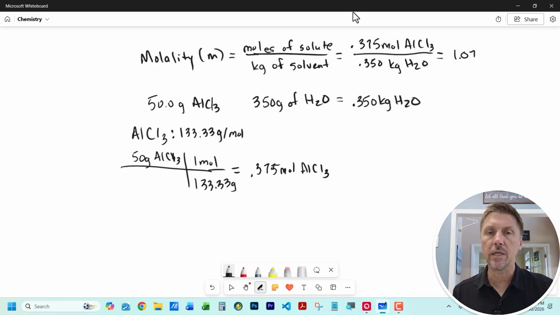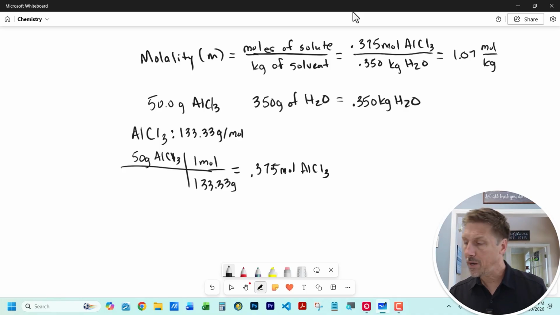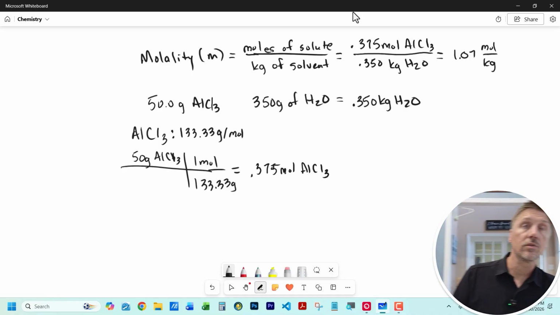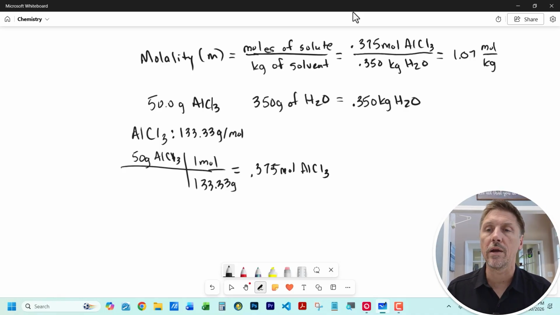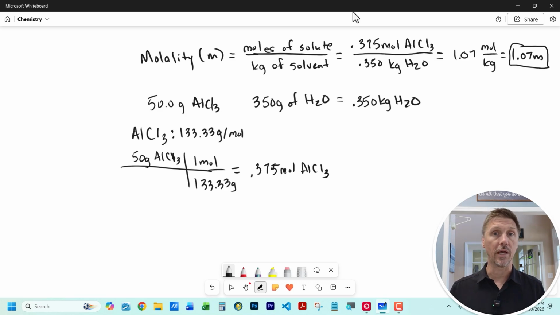Now that unit would be moles per kilogram, right? But just like we did before, where we used a capital M to represent moles per liter because we're finding molarity, here, since you're finding molality, you can just say 1.07 followed by the little m to designate molality.